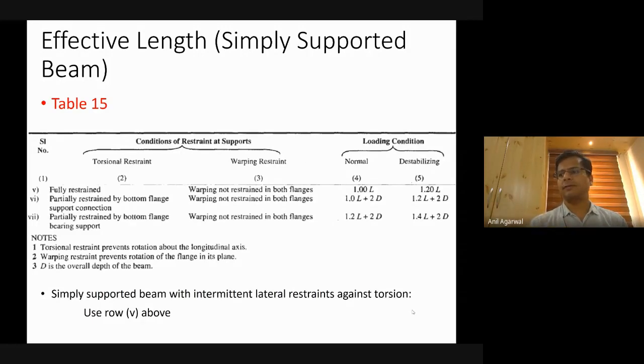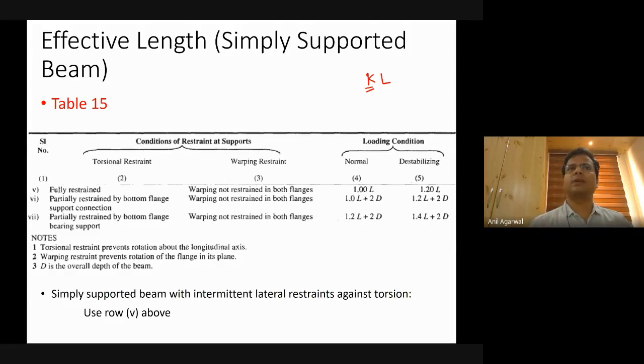So for columns, you had a KL value, and the K value depended on the boundary conditions at the two ends. Even if you had partial fixity, the K value could be calculated based on an annexure in IS 800, right? So a similar thing exists for beams.